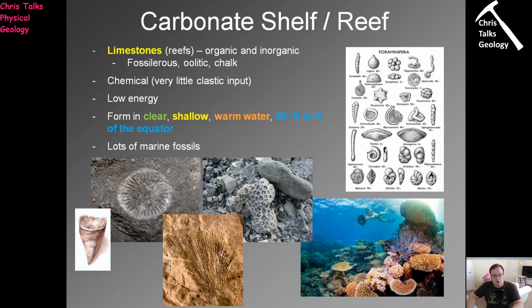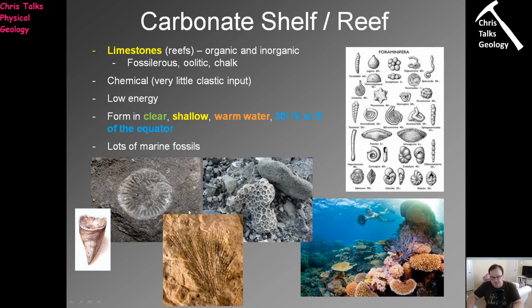In order to form limestone in large quantities, the water typically has to be clear. It has to be shallow, that's 0 to 200 meters water depth. It has to be warm, and normally the water is within 30 degrees north or south of the equator. And so if we find a limestone in our sequence of rocks, we can in a lot of cases go, right, we found the limestone, therefore we know it has to have formed in an area that meets these criteria.